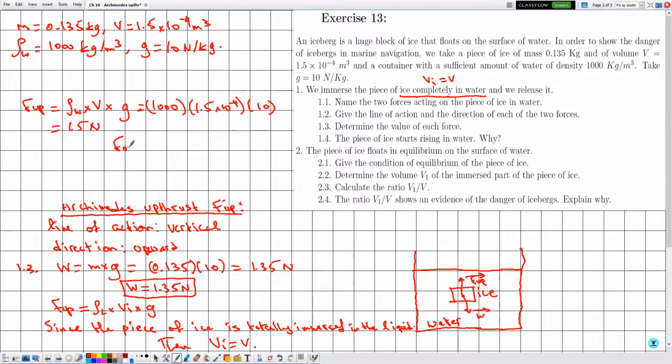So F upthrust is 1.5 newtons. So here let me write that the value of the weight is 1.35 newtons and the value of F upthrust is 1.5 newtons.